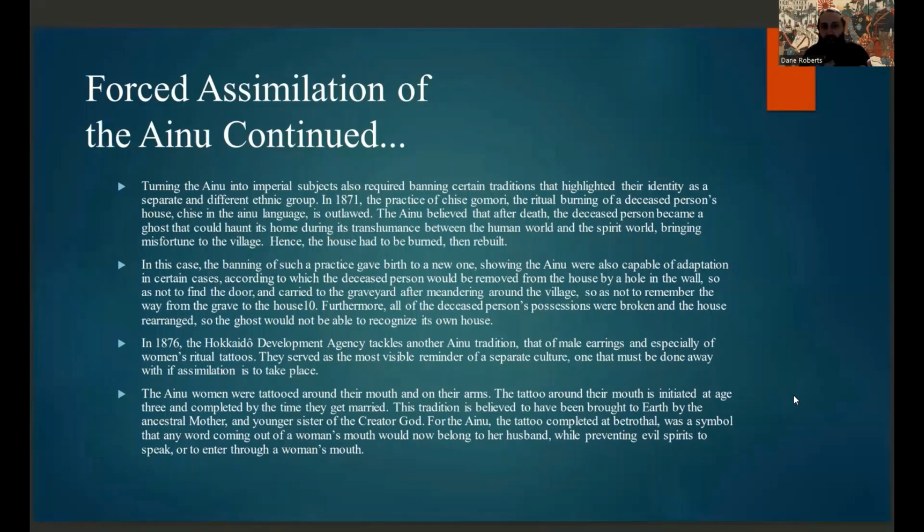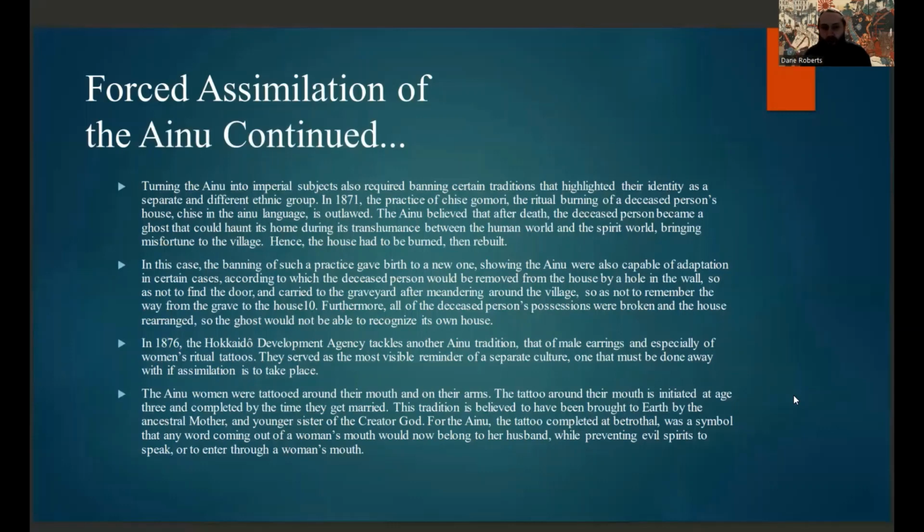In this case, the banning of the practice gave birth to a new one, showing that the Ainu were also capable of adaptation, according to which the person would be removed from the house by a hole in the wall so as not to find the door, and would be carried out to the graveyard meandering around the village so as not to remember the way from the grave to the house. Furthermore, all of the deceased person's possessions were to be broken and the house rearranged so the ghost would not be able to recognize their house.